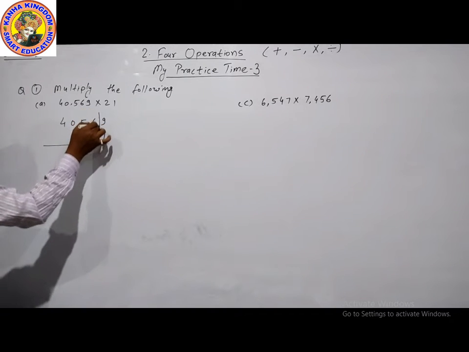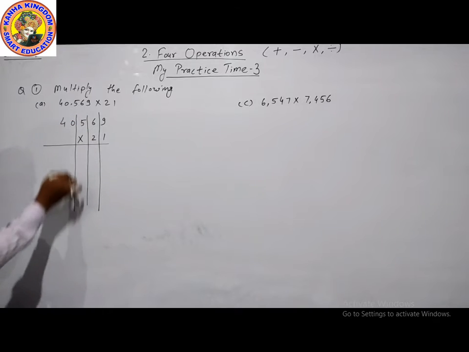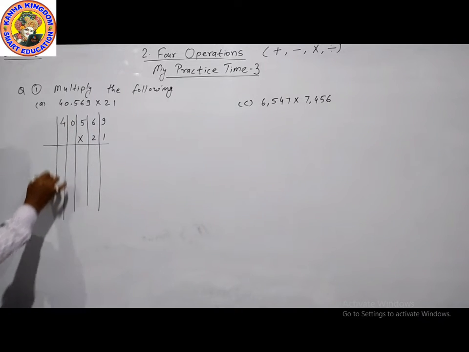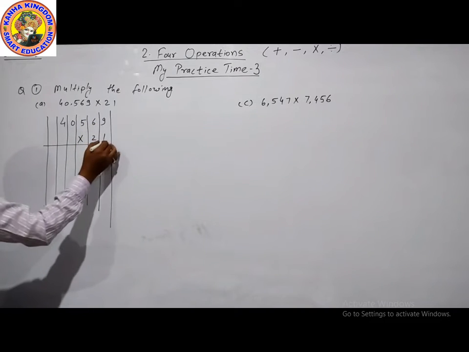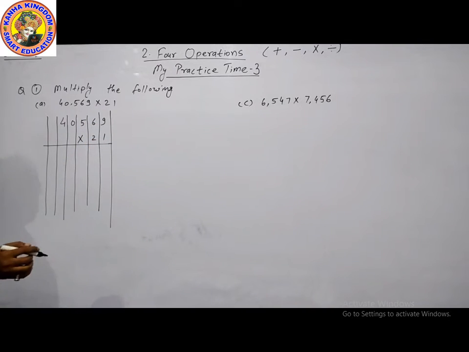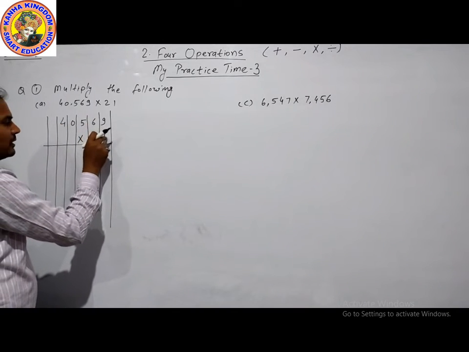I will draw here a table. Now in the first step we will multiply the above number, 40569, with 1.